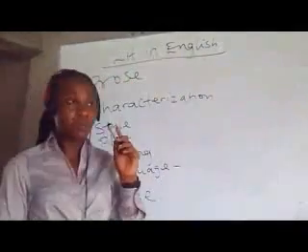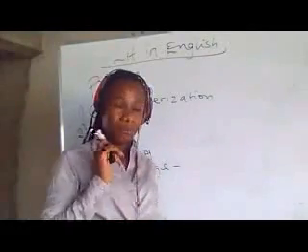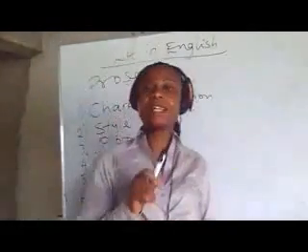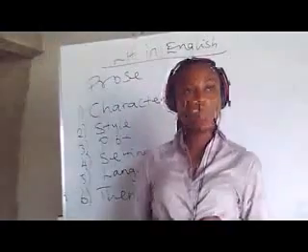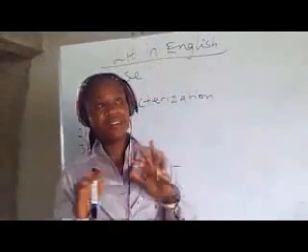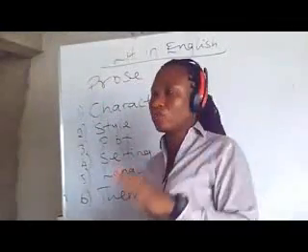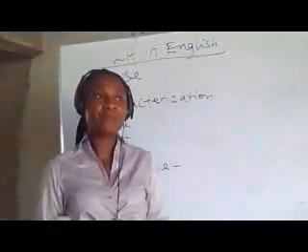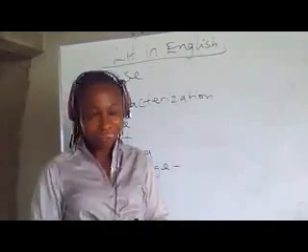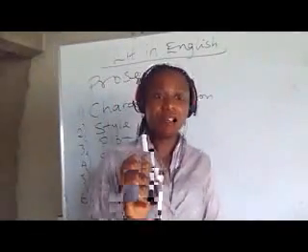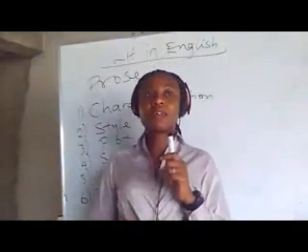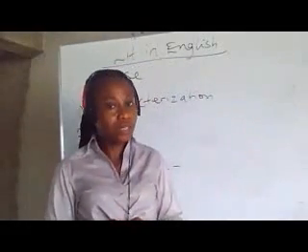Now, you must take note that a novel is written in chapters. It is written in chapters, not verses. And maybe those chapters are being arranged into different paragraphs. Now, the person who writes a novel is called what?